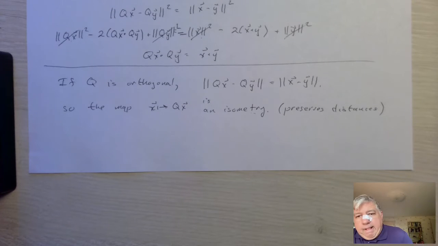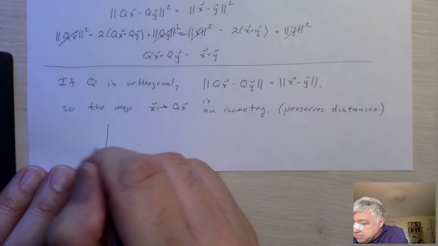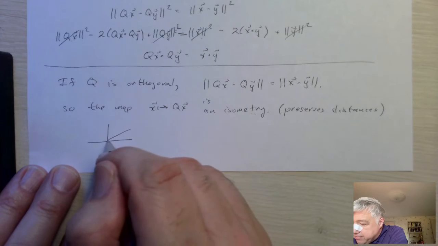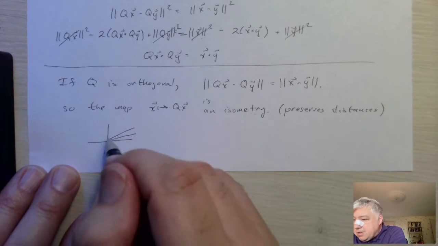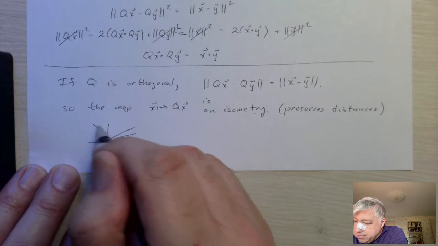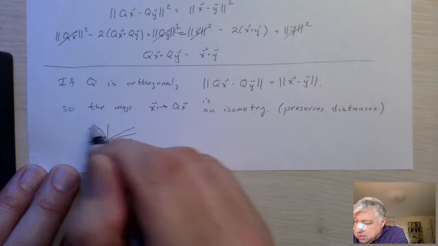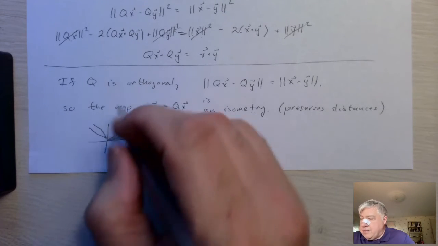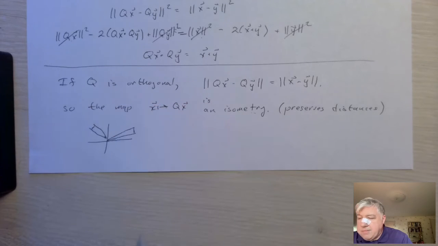And one example of an isometry would be a rotation. So let's say we have these two vectors and we rotate them through a certain angle, this distance is going to be the same as this distance.